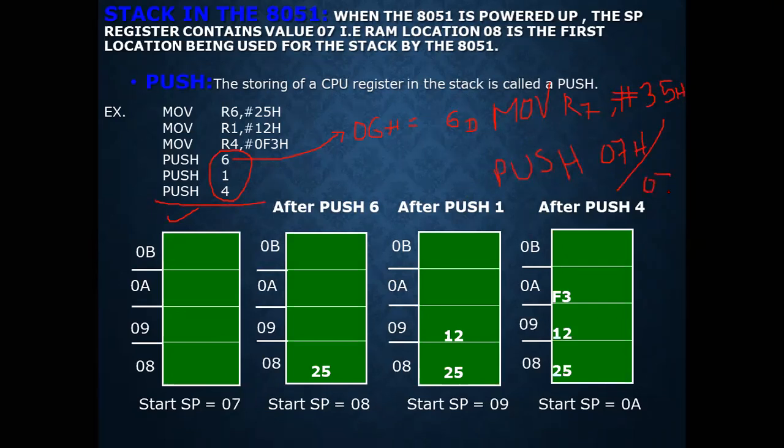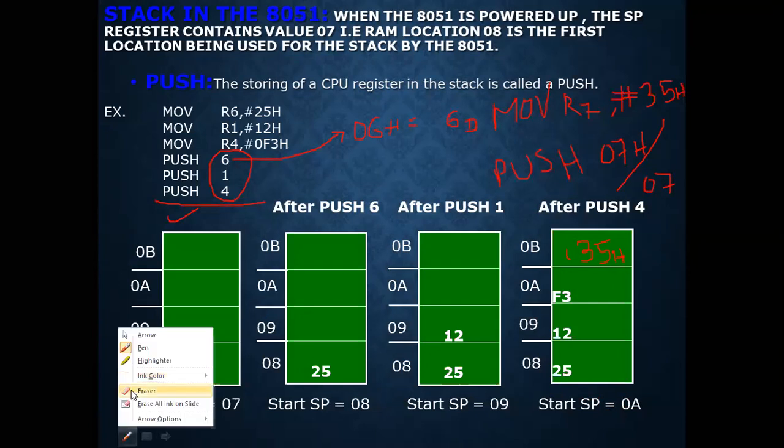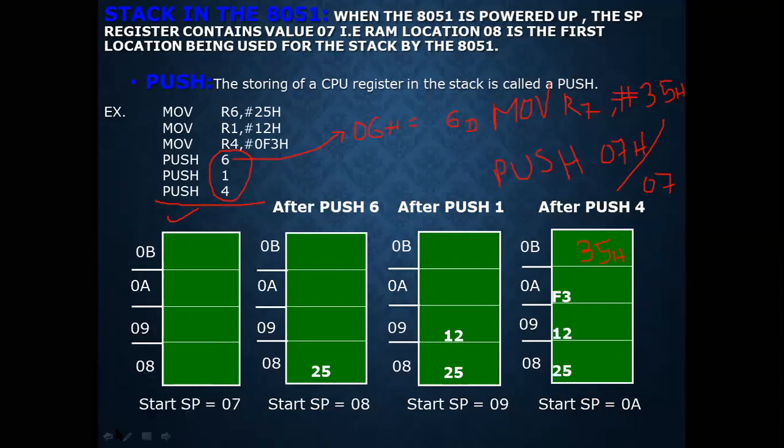If you write 07, that is the same as writing nothing. In this case, the stack pointer is again incremented by 1, that means 0B. Here the content of this 0B memory location will be 35H. Clear? Yes sir.